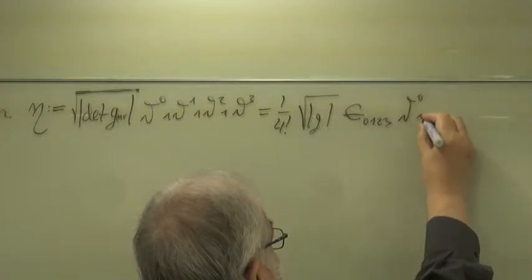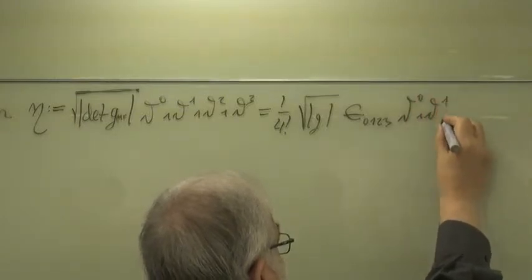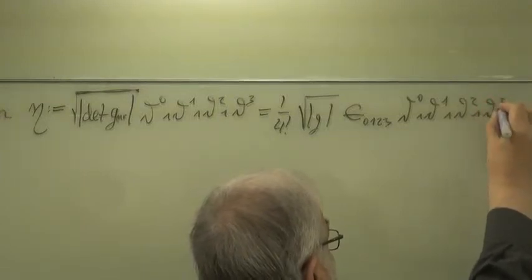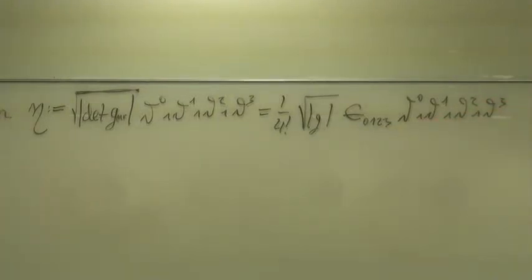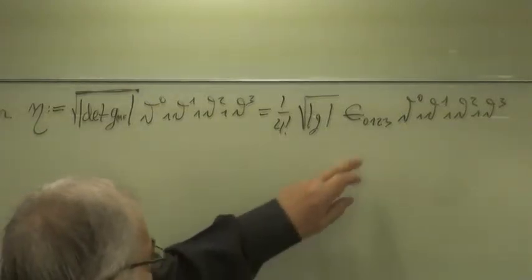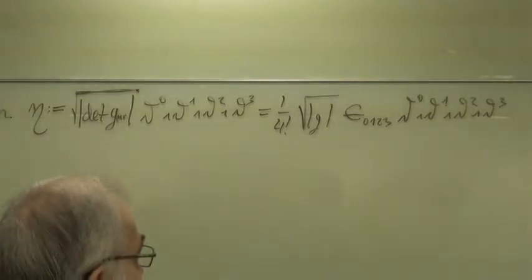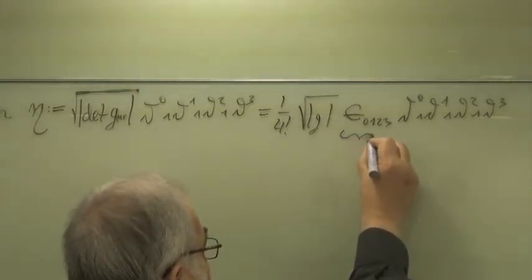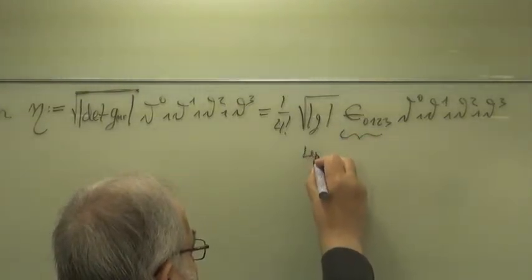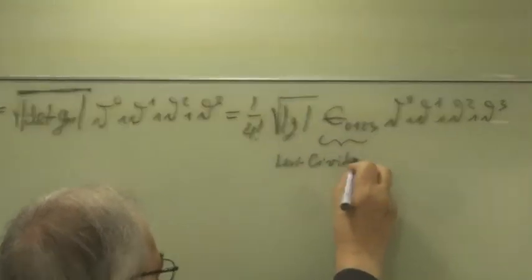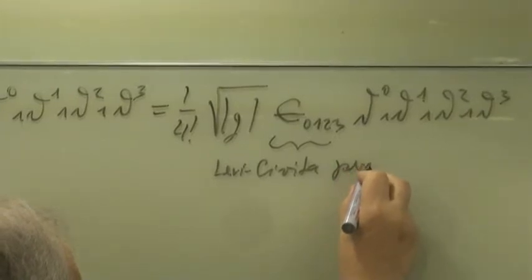It's just rewritten, but here you can easily see the 4-form, and you have here the Levi-Civita, a permutation symbol.